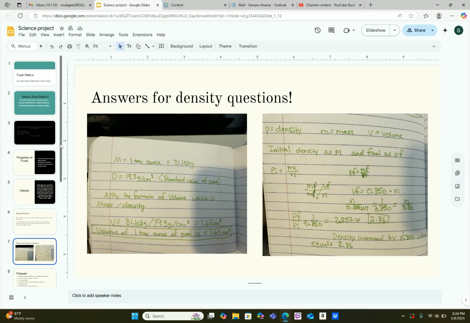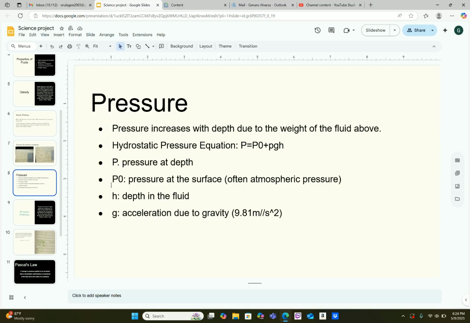And then moving on after that, we're going to go to the pressure. Here we're talking about how pressure increases due to the weight of the fluid above, and we also break down what is in our equation, which is going to be a hydrostatic pressure equation, which is P equals P0 plus rho g h, where P equals pressure at depth, which is right here, P0 is equal to the pressure at the surface, which is right here, h equals the depth in the fluid, which is right here.